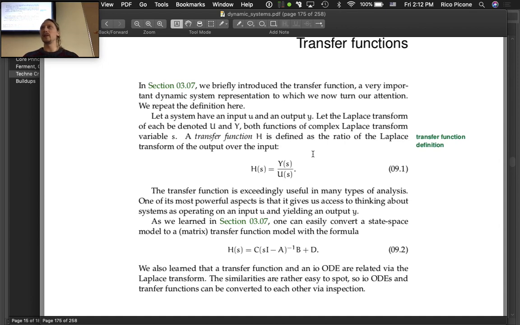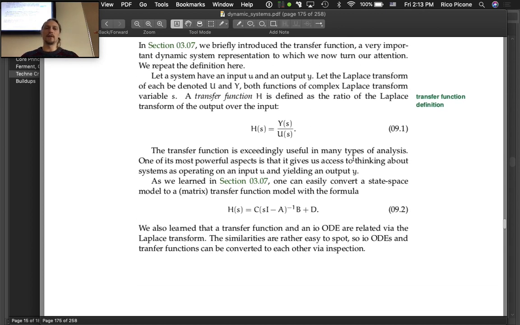By extension, because we can represent a system in transfer function form, equivalently in an input-output differential equation form, and equivalently in a state space form, we can think of all of these as operating on inputs and yielding outputs. Great, so we'll be doing lots of good stuff with these transfer functions.